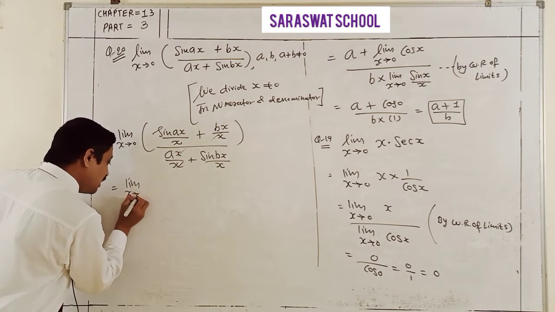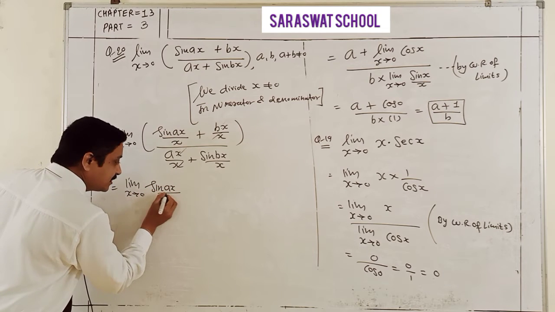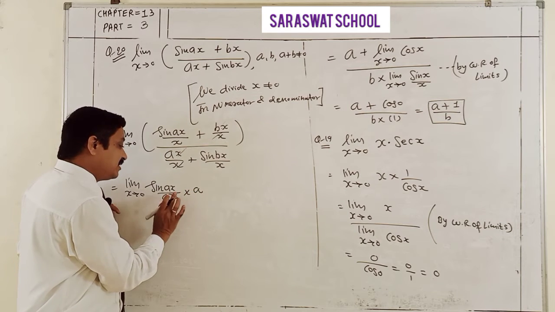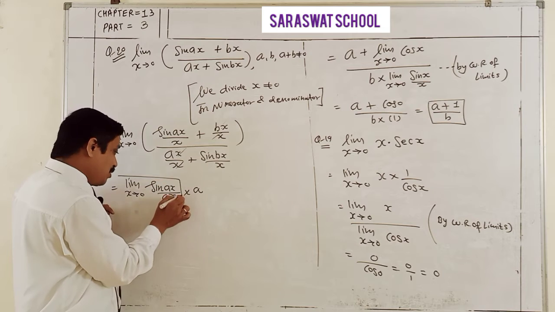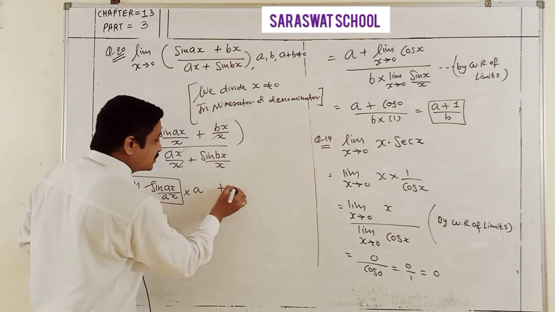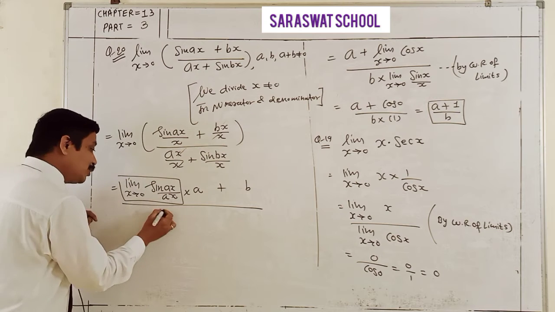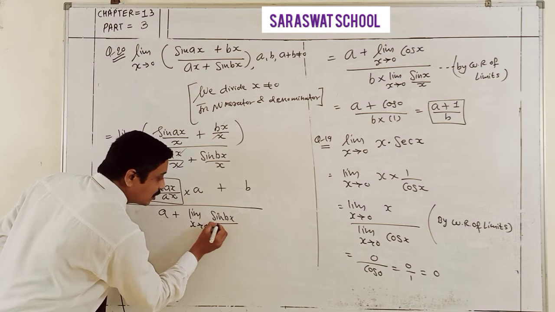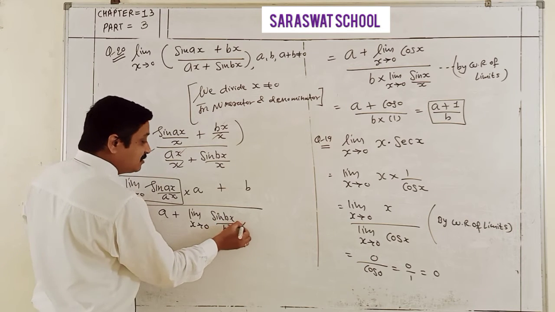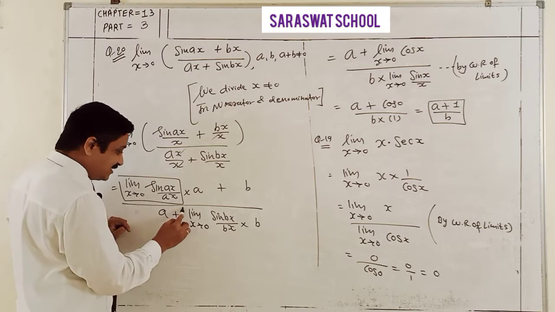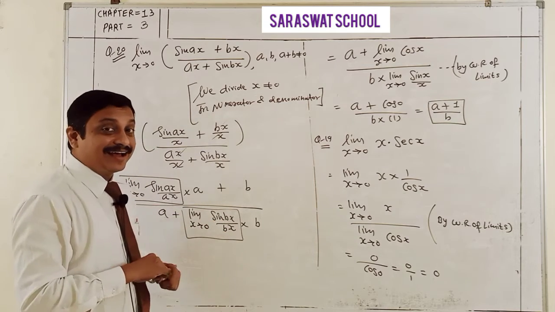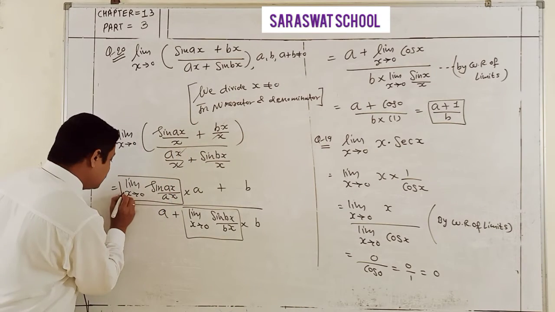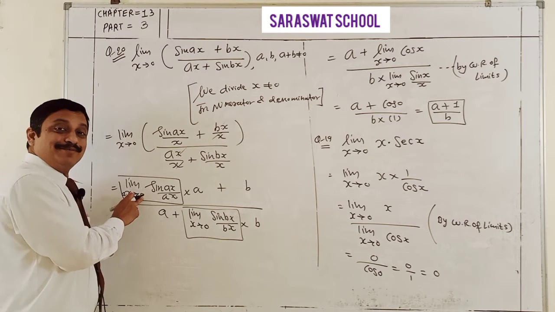So limit x tends to 0, sin ax by x. I just show here an extra multiply and divide. That is your formula. Plus constant as it is. Similarly here constant as it is, and it will show sin bx upon x, but I will write b multiply and divide. This is also, students, our known formula, it is only 1, but here for the coefficient ax, you multiply here a, that also a multiply, but it is 0.